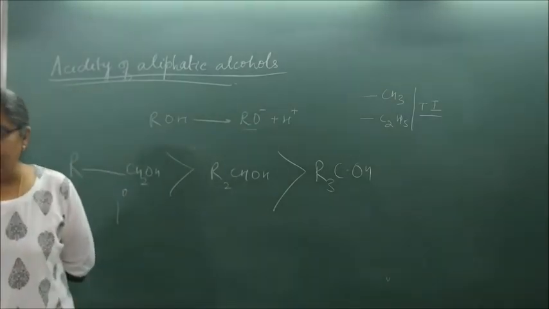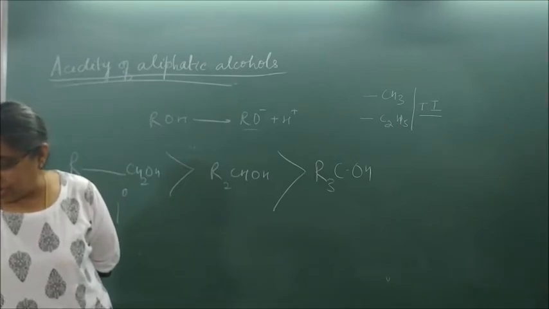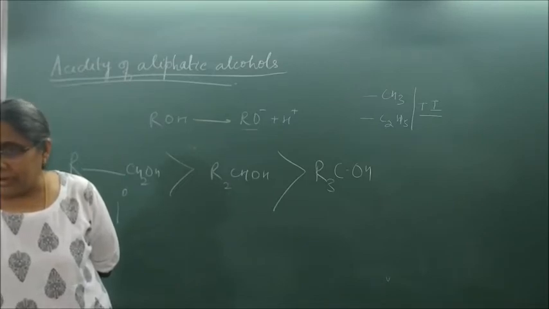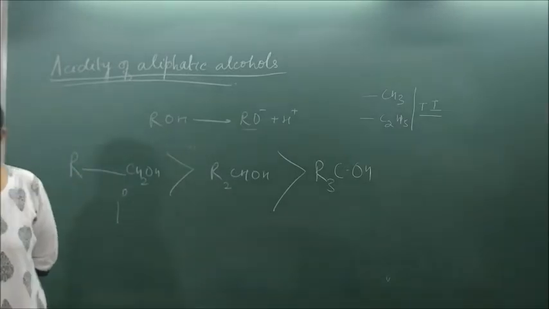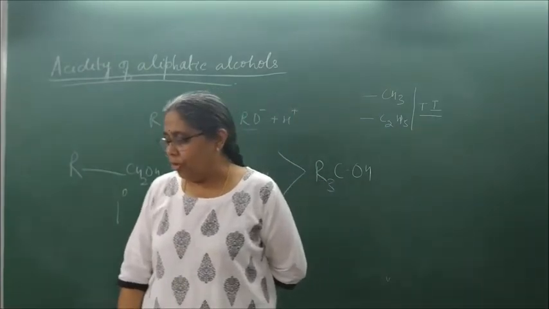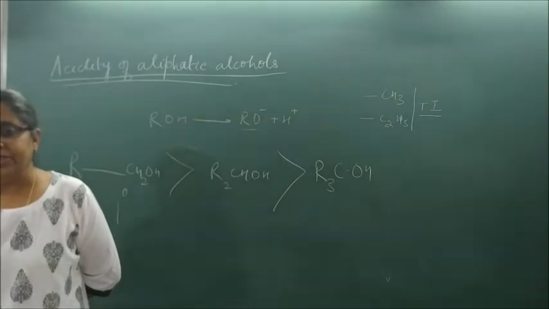These electron releasing groups increase the electron density on the oxygen, tending to decrease the polarity of the OH bond, which decreases the acid strength.